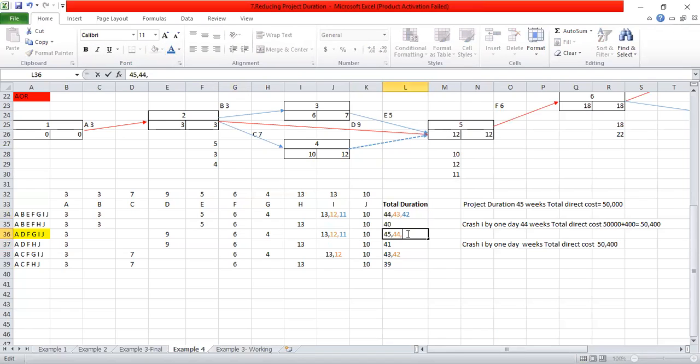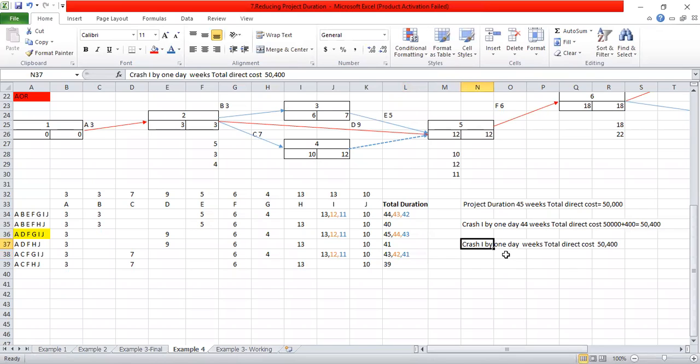So total duration is 43 here. And 41. So crash I by one day.